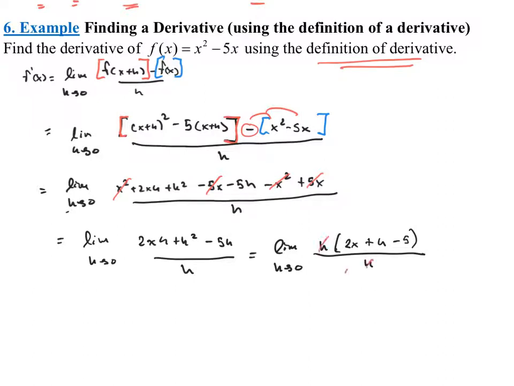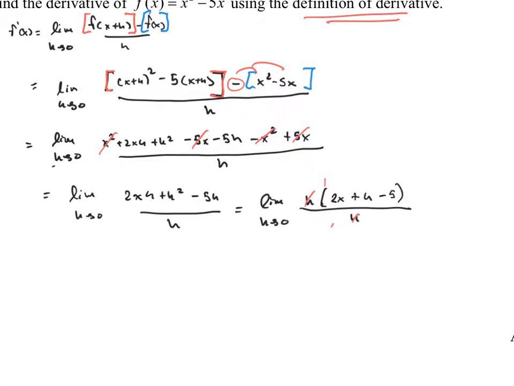I simplify my h's. When I simplify my h's, I'm left with the limit as h approaches 0 of 2x plus h minus 5. So had I done the 3 steps or 4 steps like I did on the previous page, this is exactly what I would have gotten, which was 2x plus h minus 5, and now I would have taken the limit.